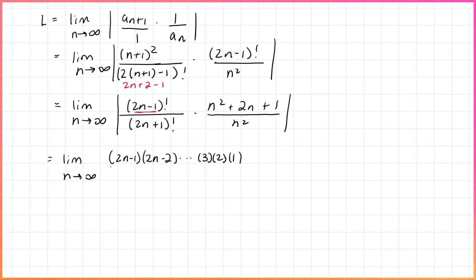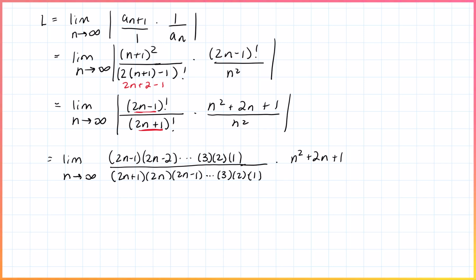Same thing in the bottom, but there we're starting at 2n plus 1 and descending by 1 for each factor: 2n plus 1, 2n, 2n minus 1, 2n minus 2, and so forth, down to 3, 2, 1. So notice what happens there, and then of course we'll carry the other factor down there, n squared plus 2n plus 1 all over n squared.